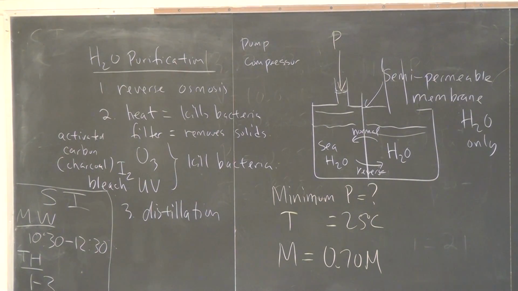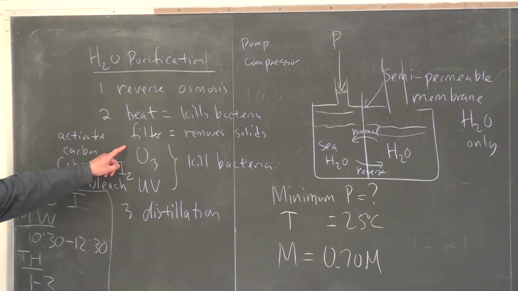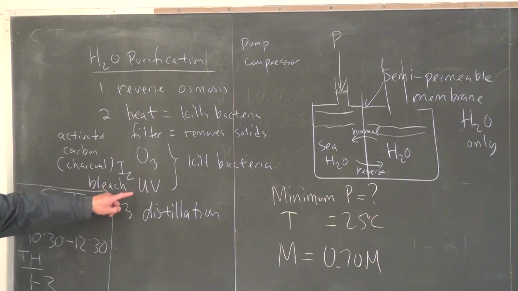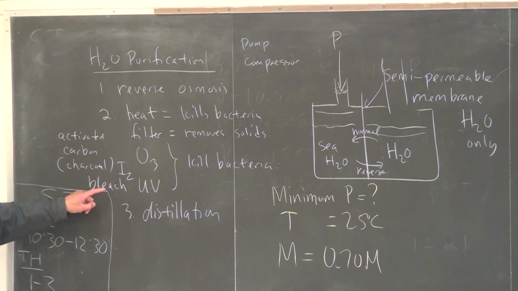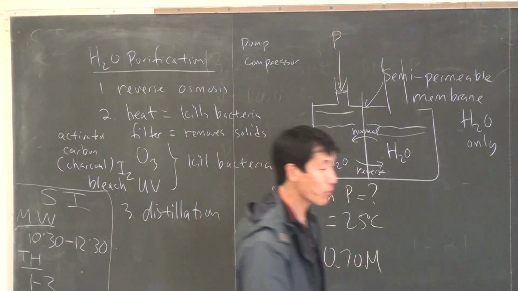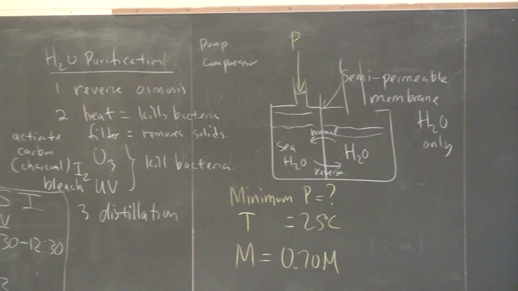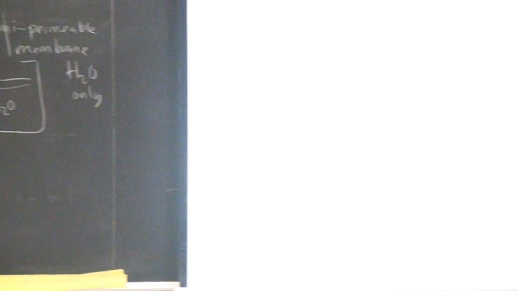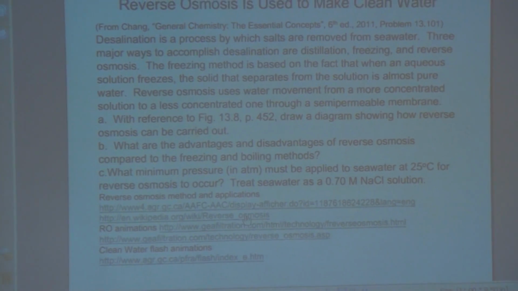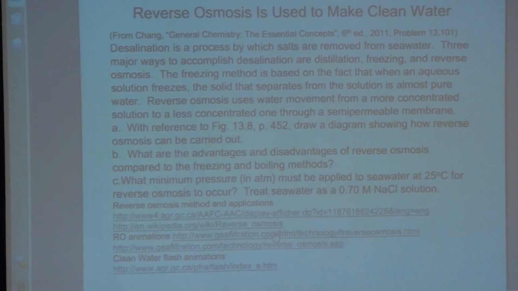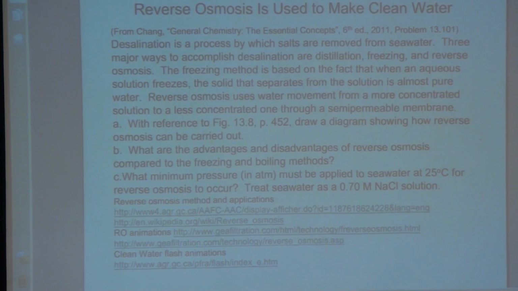It's too expensive. So this is the typical way: filtering, ozone, iodine, or bleach. Okay, and then if you want, you can take a look at these websites on reverse osmosis.